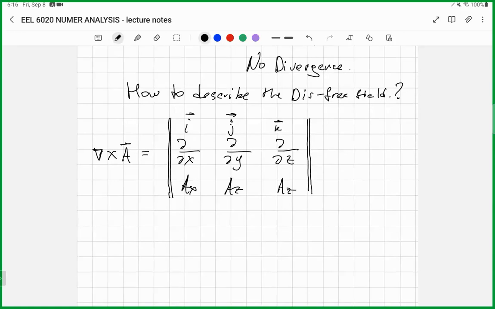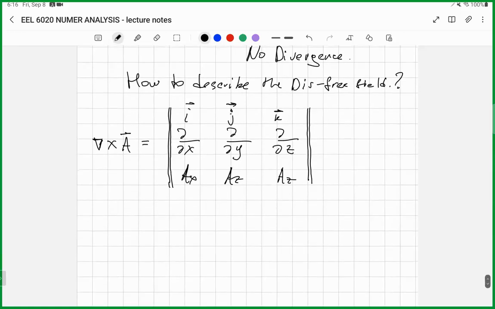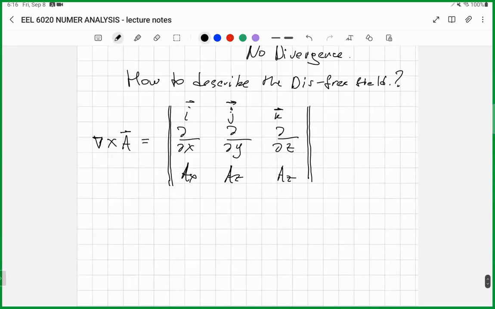I can rewrite this by components. So let's write that this is a curl, and I can rewrite this formula component by component.